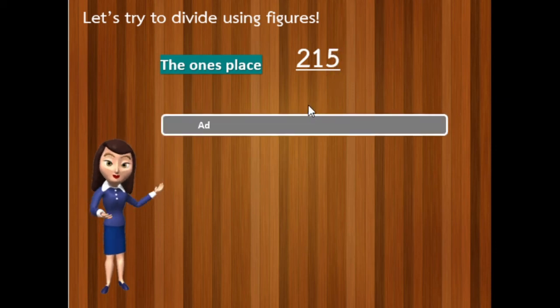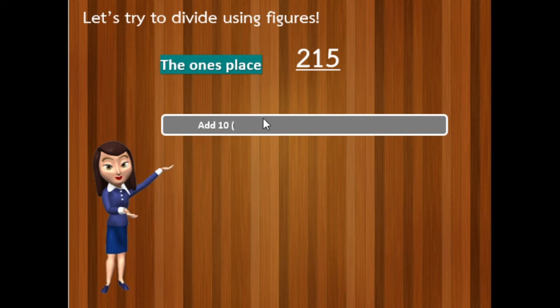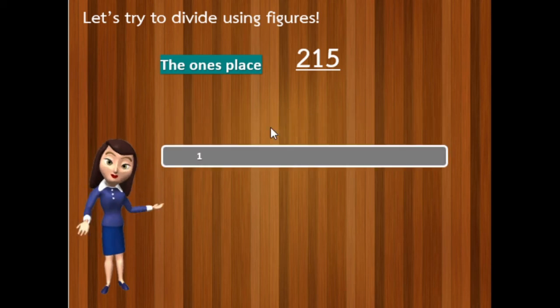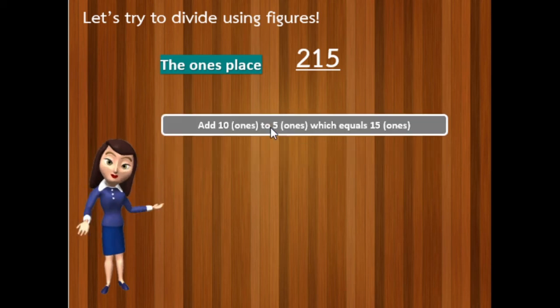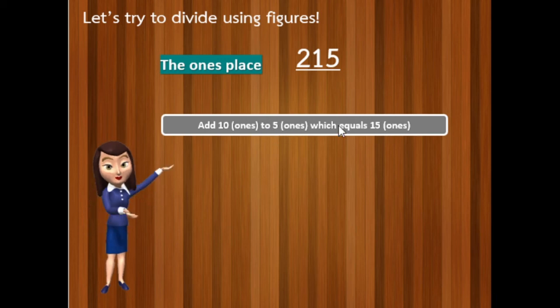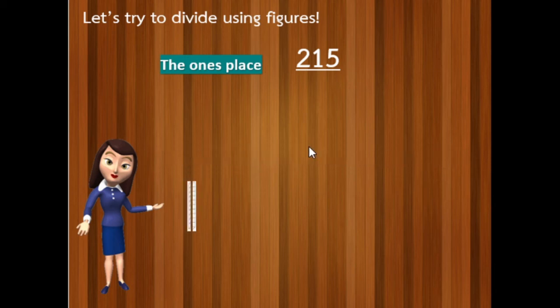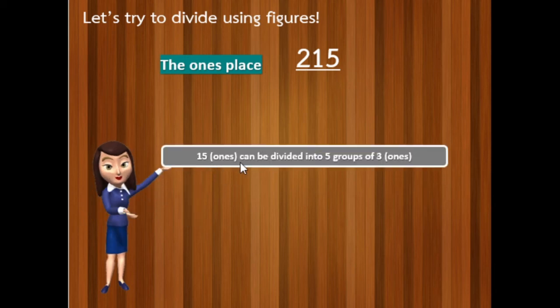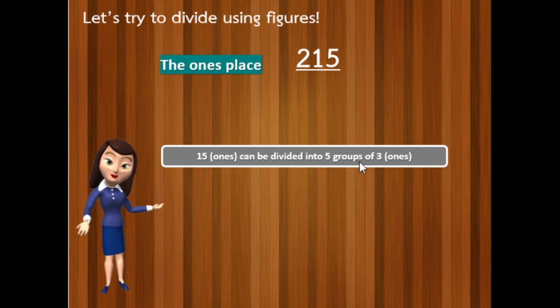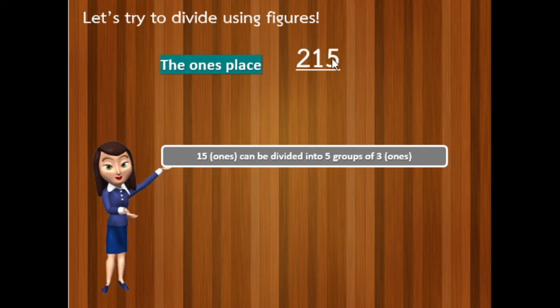Okay? Now add 10 ones to 5 ones, and it becomes 15 this time. 15 ones can be divided into 5 groups of 3. So 15 can be divided into 5 groups of 3.